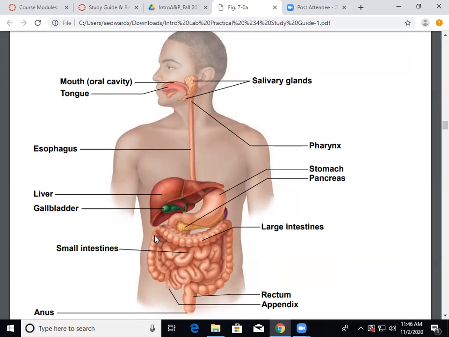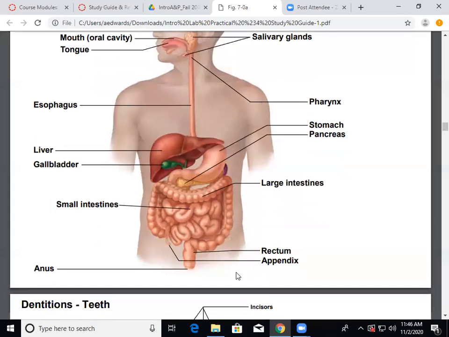So this is the ascending colon, transverse colon, descending colon. Essentially, in the area before the opening at the anus, you also have the rectum, and that's where you've got sphincters to control and keep your feces from just coming out uncontrollably.